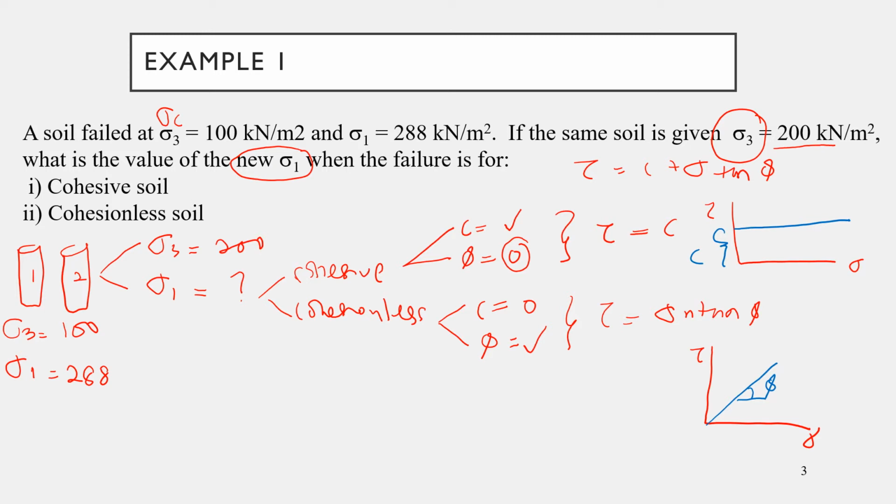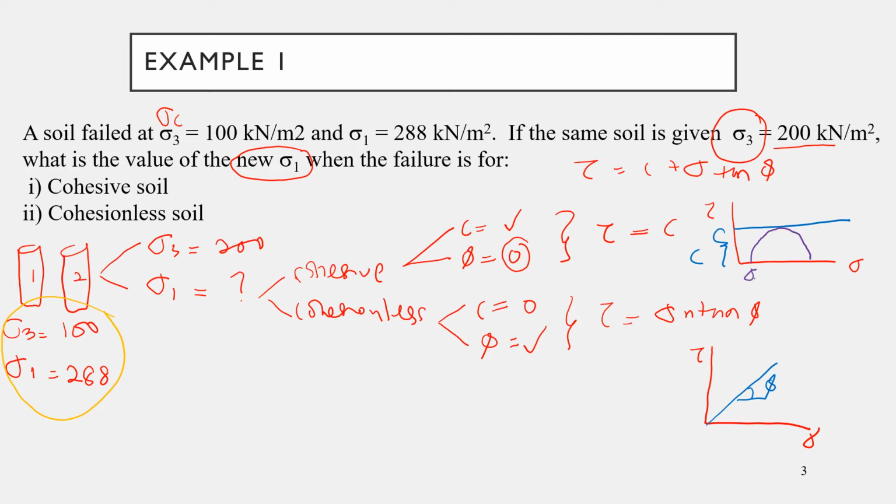So if you look at these two diagrams, for the first sample, with sigma 3 and sigma 1 already provided, if you plot the Mohr circle, it will be something like this.